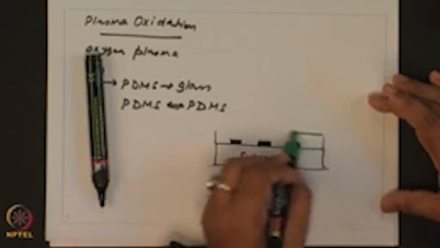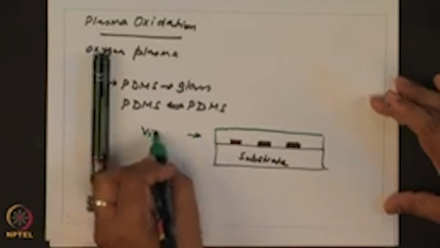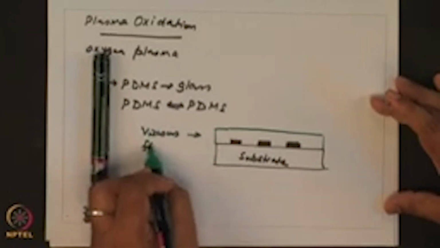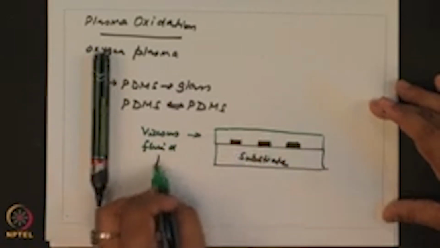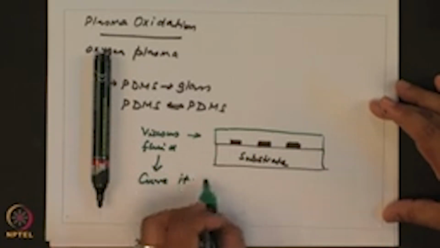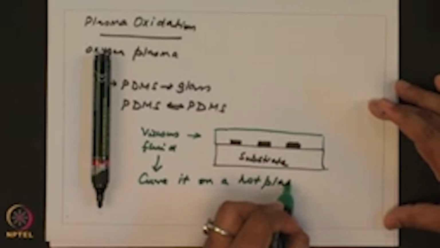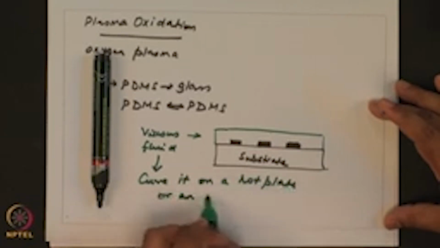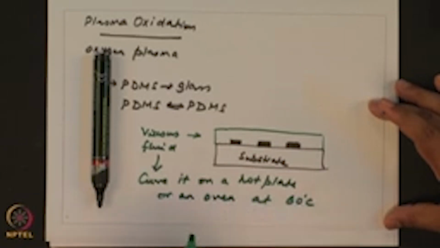This is initially a viscous fluid, and after you dump it, you cure it on a hot plate or an oven at 60 degrees Celsius.